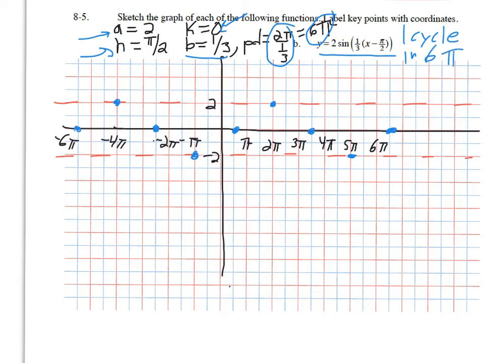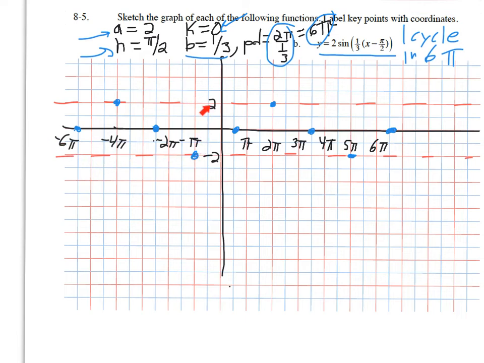Since my period is going to be 6 pi, that means I'm going to make 1 cycle in 6 pi. So let's count by pi over 2's. So each blue or red tick mark is a pi over 2. So that's pi, 2 pi. Let me start over. Pi, 2 pi, 3 pi, 4 pi, 5 pi, 6 pi. And then counting backwards, negative pi, excuse me, negative 2 pi, negative 3 pi, negative 4 pi, negative 5 pi, negative 6 pi is way at the end for me.